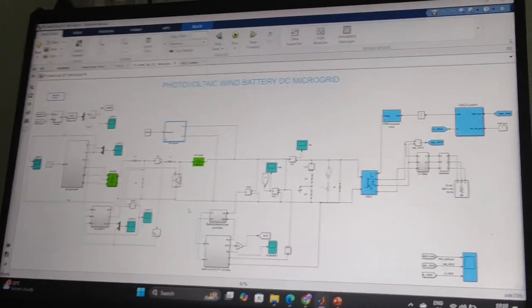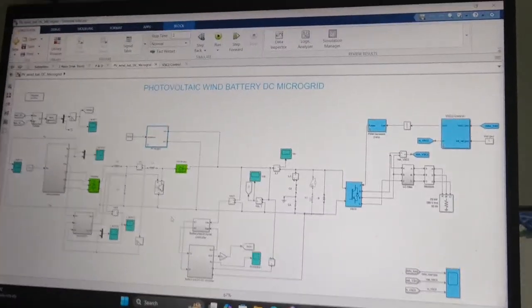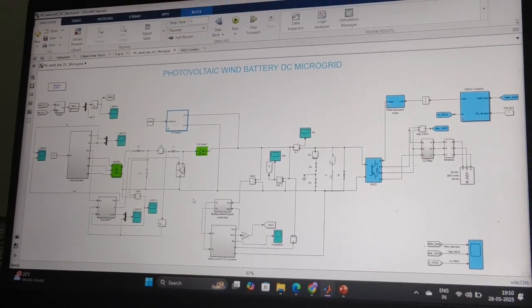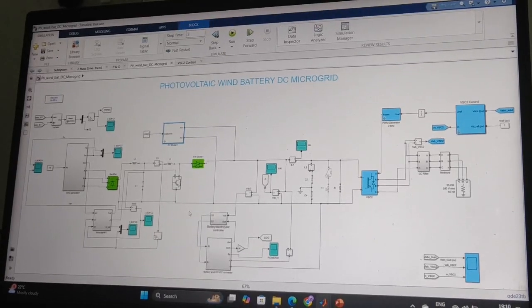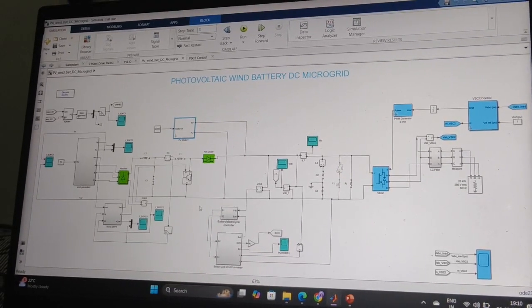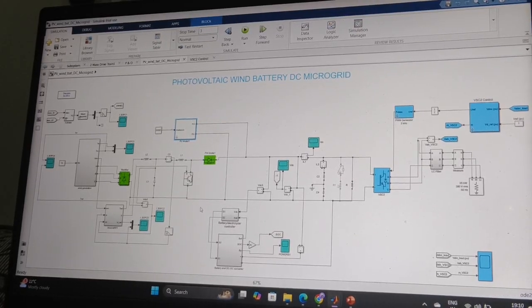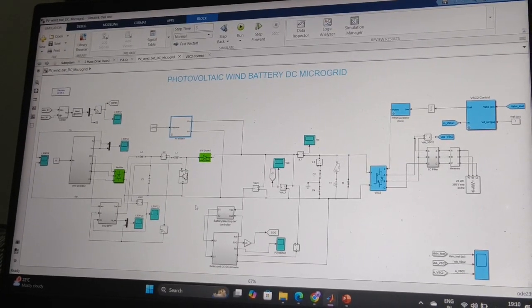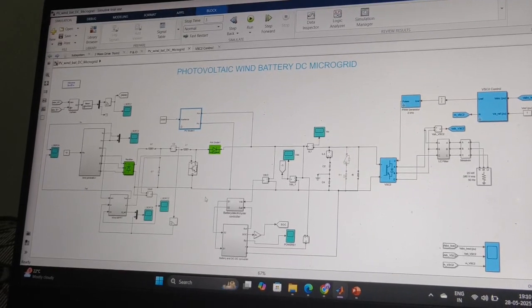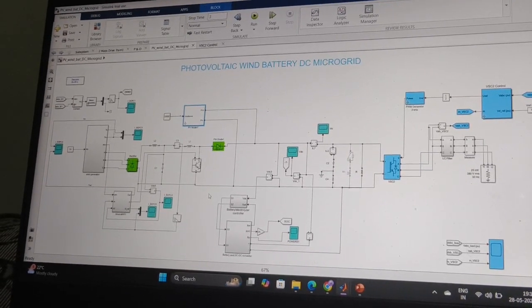Here is how the battery works. When wind and solar are outputting the maximum current with a consistent flow, the system works on wind and solar only. When not much current is coming from wind and solar, the battery starts supplying current up to 700 volts.